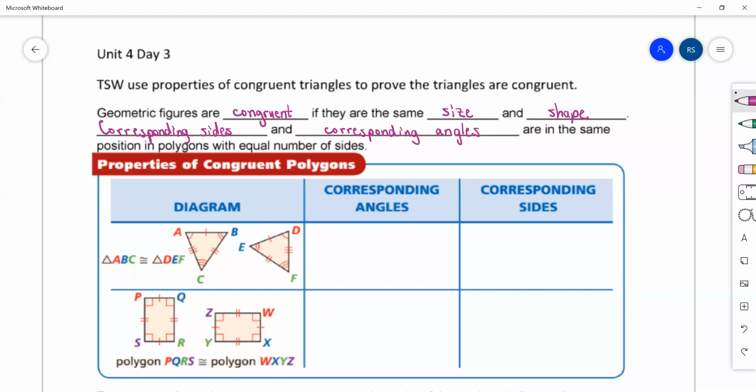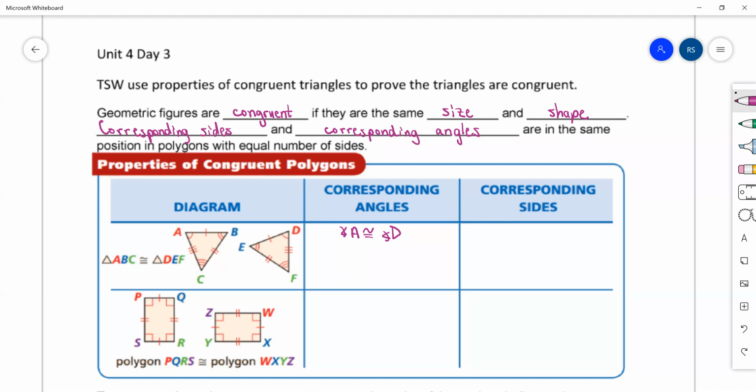So we have A and D are corresponding. They're congruent to each other. That's what those marks in the corner also mean. So we can say that angle A is congruent to angle D. Then we look for the corners with 2 marks in there.